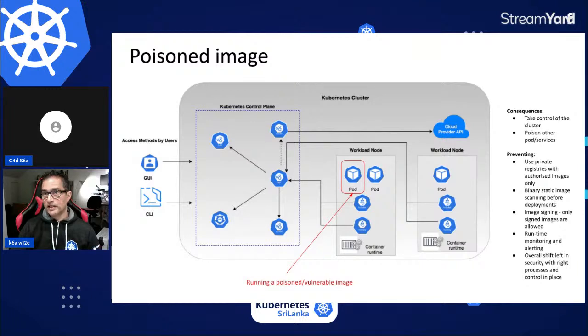OPA Gatekeeper is a really good tool, and you can run a policy saying that if the image is not from, for example, star.wso2.com, it will fail to deploy into the cluster.